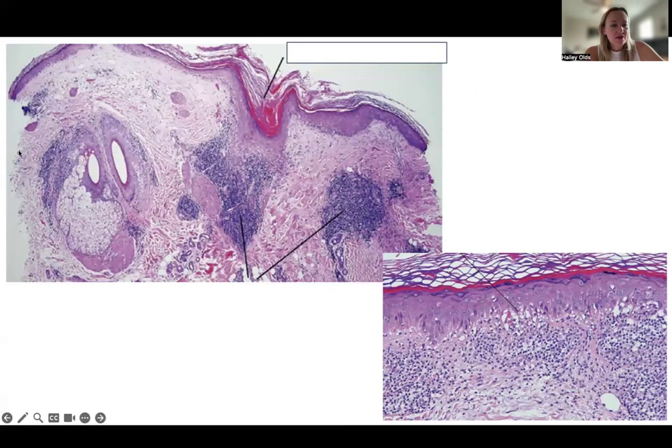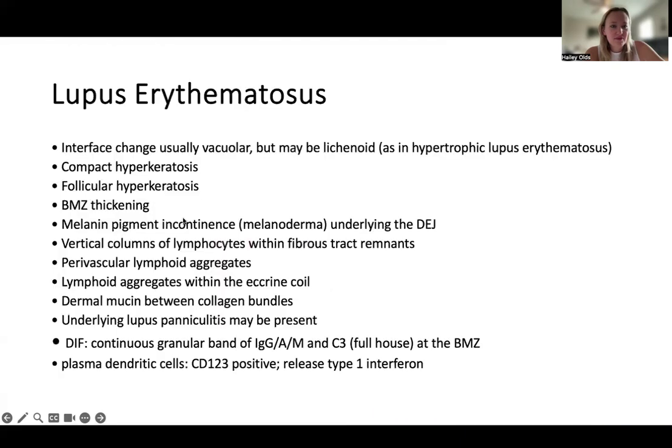Okay, so here we have vacuolar interface and a lot of inflammation, and it's around this hair follicle too. And there's some follicular plugging here. So this is lupus. The other one was hypertrophic lupus; this one is just other kinds of lupus. It can be vacuolar or lichenoid. Hypertrophic is more likely to be lichenoid.